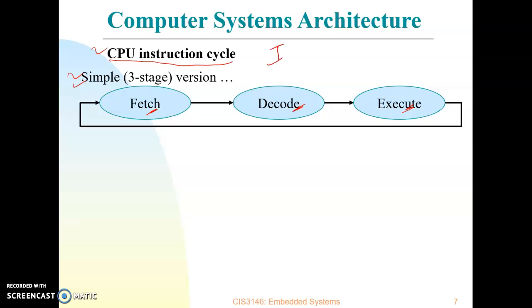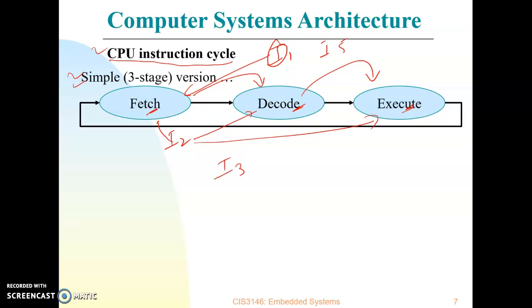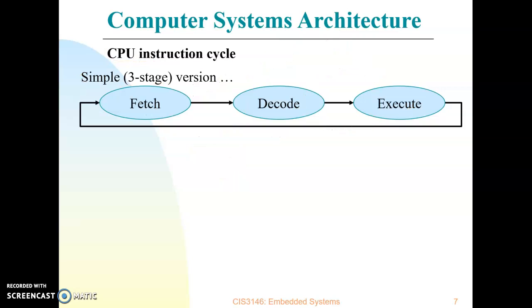Suppose you have 5 instructions I1 to I5, then first of all fetch the instruction, decode the meaning of the instruction, and then execute. This is for I1. Then repeat this process for I2, fetching the instruction, decoding the instruction for I2, and executing the instruction. For I3, the same process will keep on repeating in the 3-stage instruction cycle model.